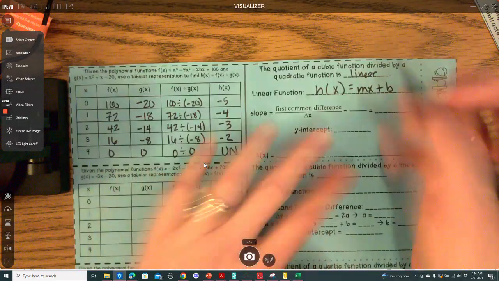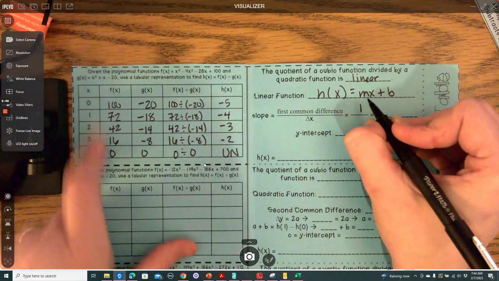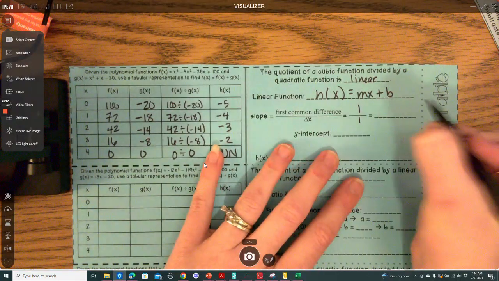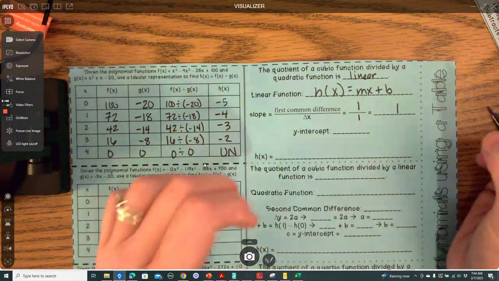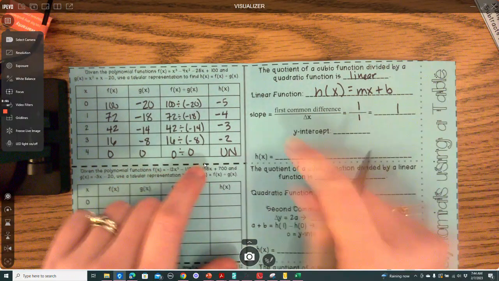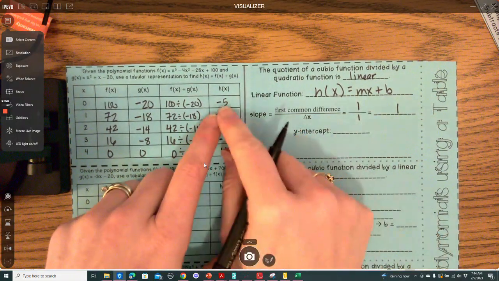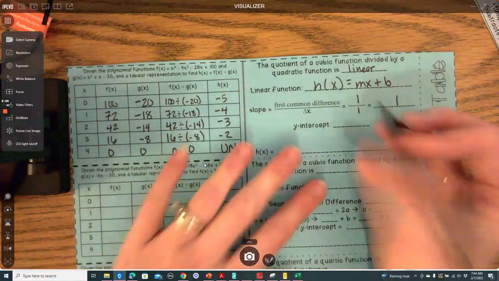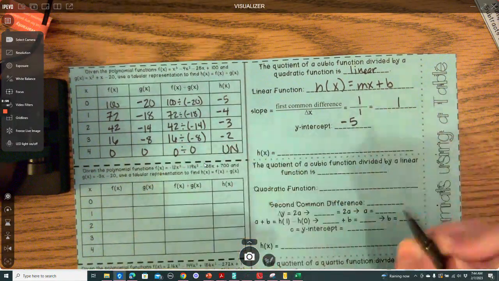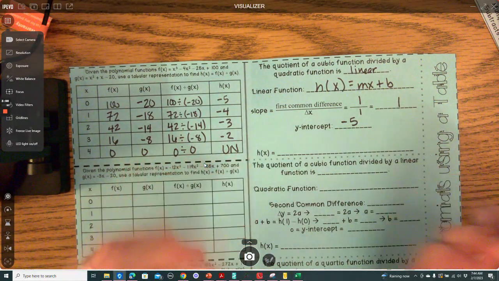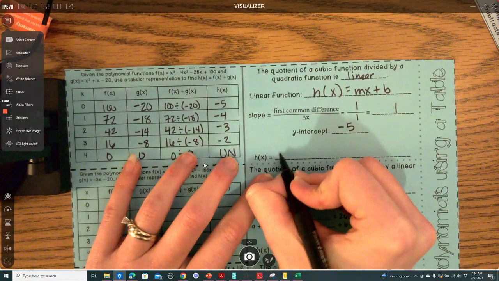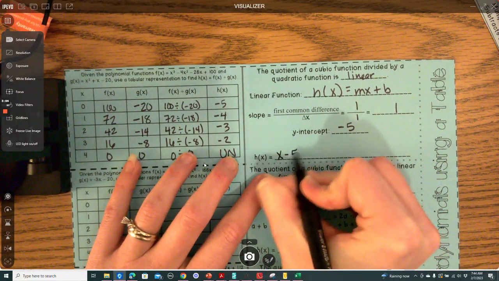It's changing by 1. And then the change in x is 1. That would be my slope. The y-intercept is where x is 0. And that's our answer. X minus 5.